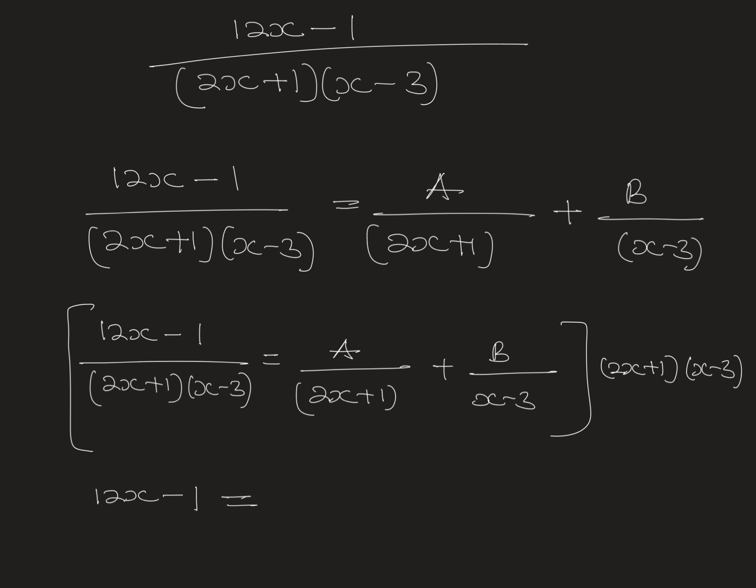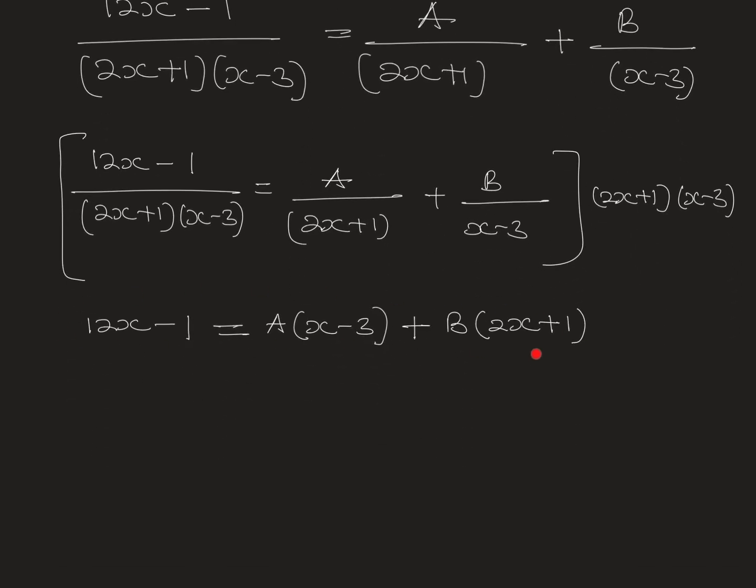So we'll use this x minus 3 and multiply by a. That will be a into x minus 3. Then plus, if this x minus 3 goes into this expression, x minus 3 will cancel x minus 3. So we'll be left with 2x plus 1. So we'll say 2x plus 1 times b. That will be b into 2x plus 1.